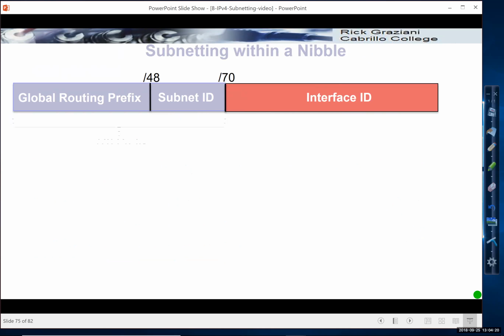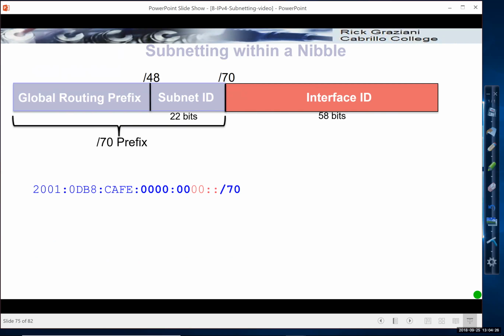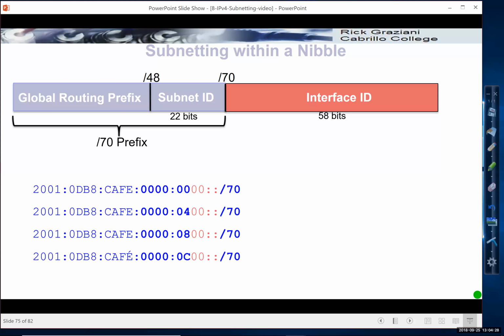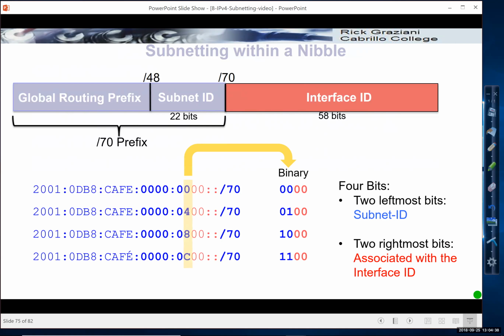All right, can you subnet within a nibble? You can. If I wanted to go to a /70, let's see what that would look like. The problem with /70, well, not a problem, is that 2 of the bits are allocated for the network portion and 2 bits for the host portion.